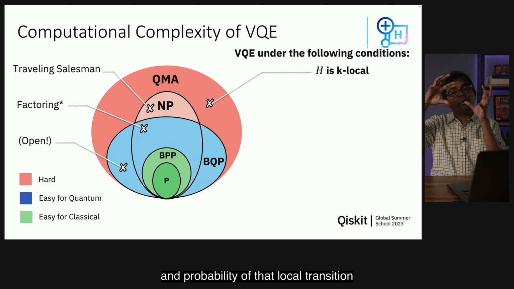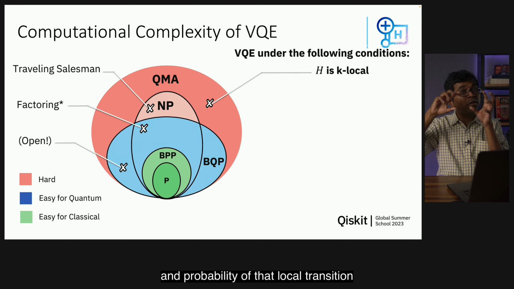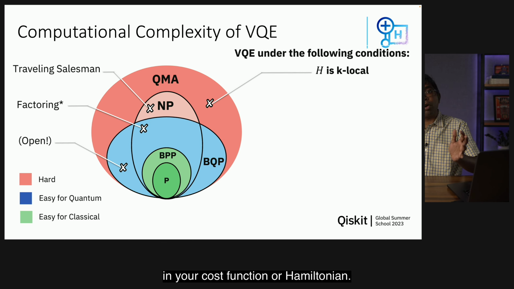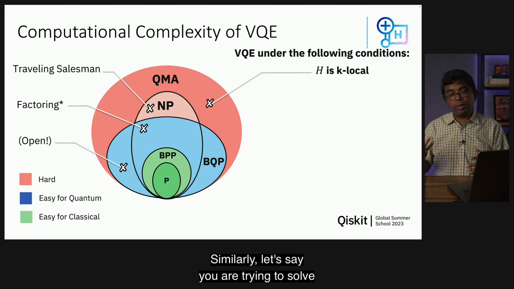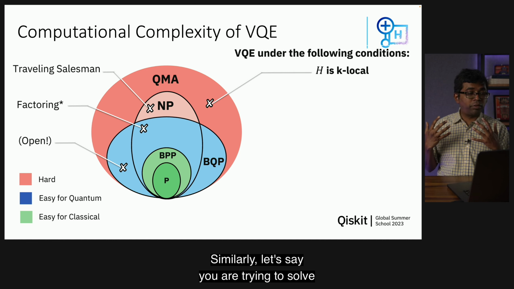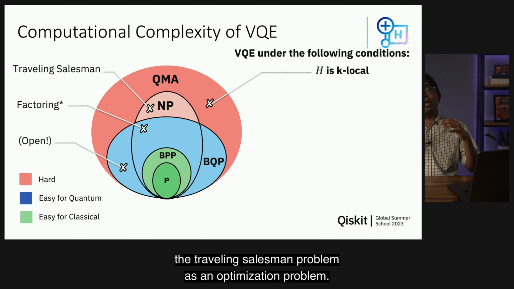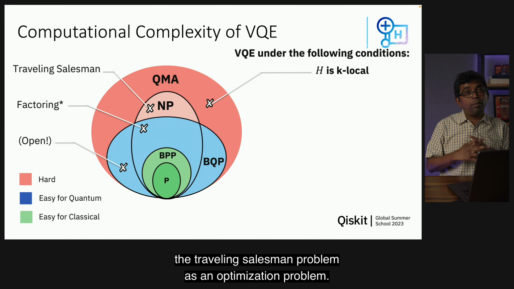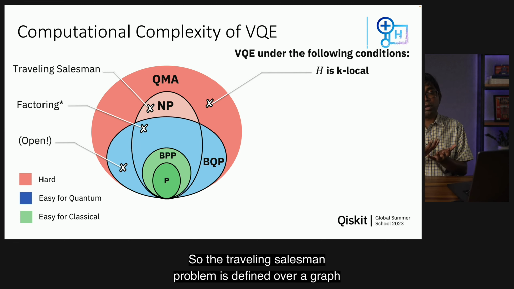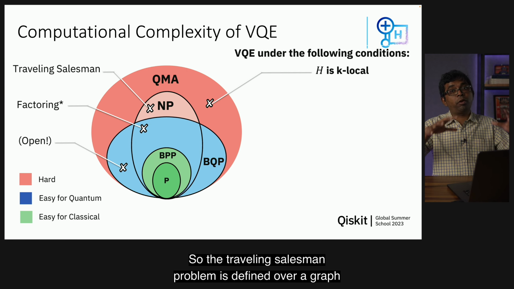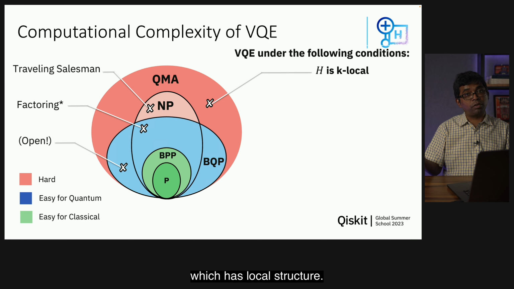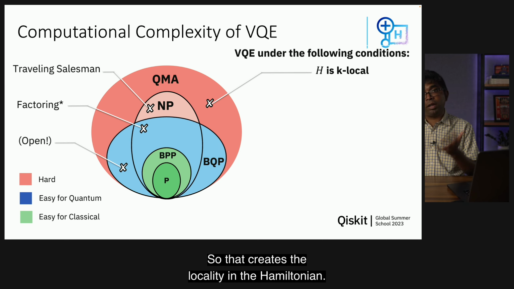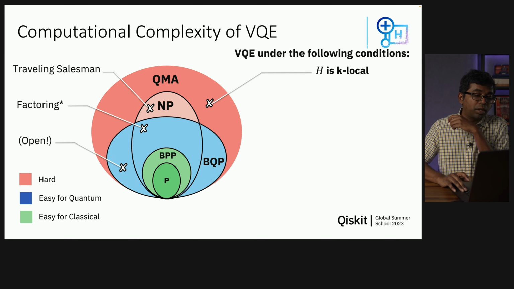And the probability of that local transition actually creates local structure in your cost function or Hamiltonian. Similarly, let's say you are trying to solve the traveling salesman problem as an optimization problem. The traveling salesman problem is defined over a graph which has local structure. So that creates the locality in the Hamiltonian.